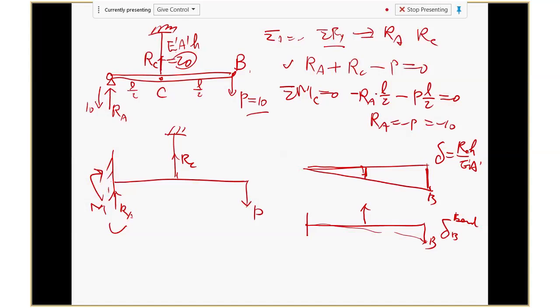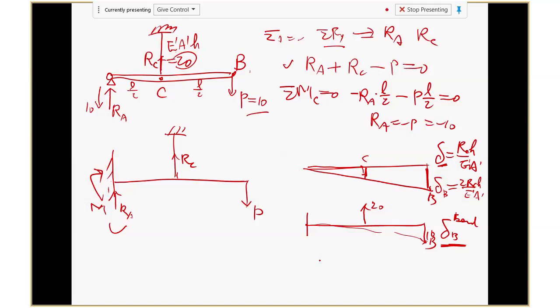Okay, so let me write down here again. So the delta B from the point C movement, you will get basically twice of this. So basically 2 RC H over E'A'. And then this one, can we find this solution? We had it in the previous one, right? Because here you know this will be 20, this will be 10.